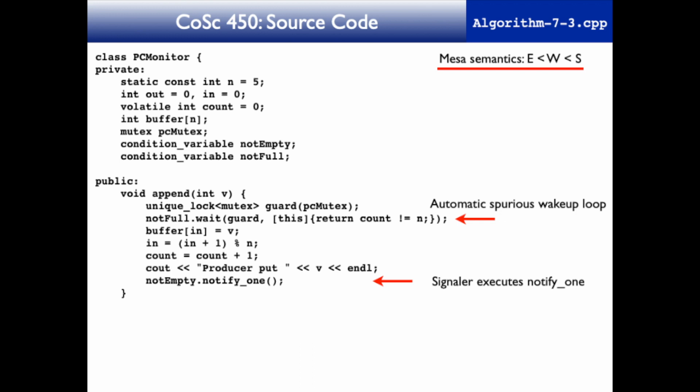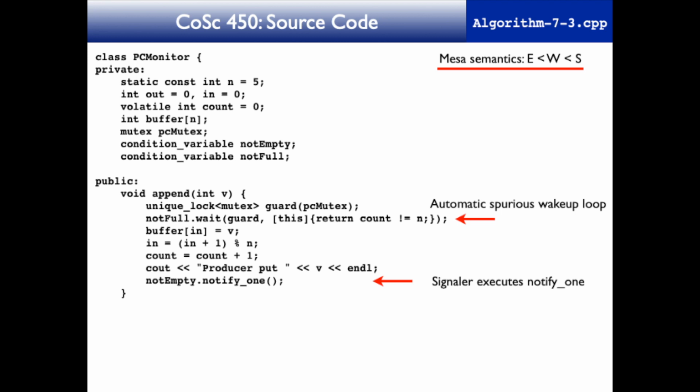And here, again, as we did with the implementation of the counting semaphore, not full is the condition variable, and it can execute this wait, and we give it our guard, and our condition is return count not equal to n.